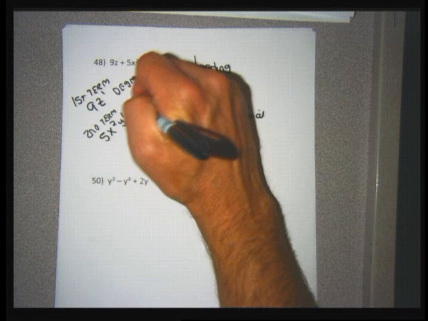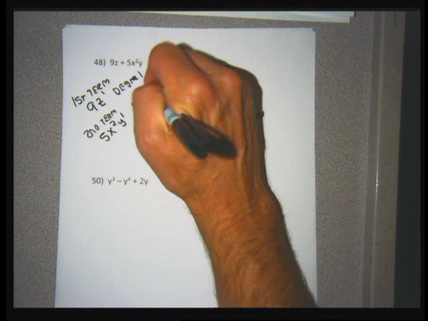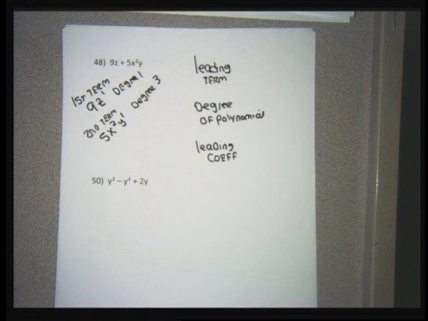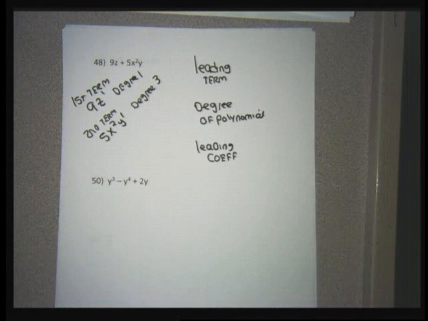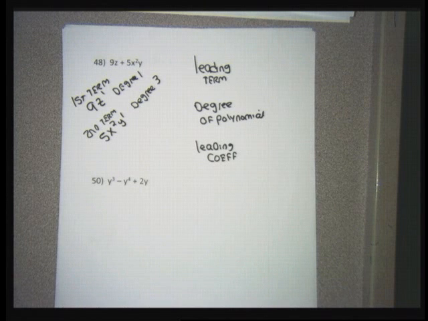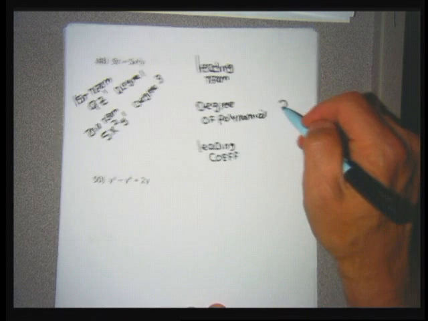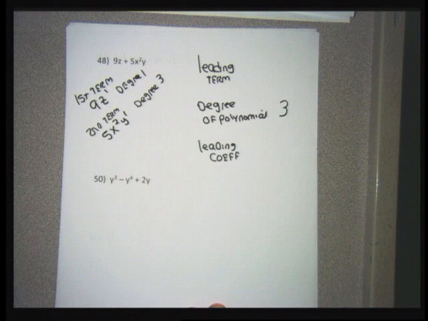I gave the y an exponent of 1 because I needed to know that. So that term has a degree of 3. The degree of the polynomial is always the highest degree of any of the terms. So this polynomial is also going to be considered a third degree polynomial, or a third degree binomial.